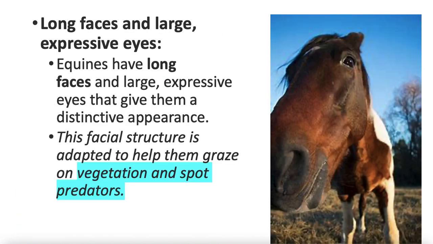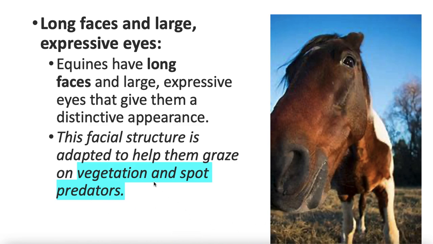The other characteristics which make the horse unique from the other animals are that they have long faces and expressive eyes. Because of this, it has a distinctive appearance. And this special structure is adapted to help them graze on vegetation and spot predators.